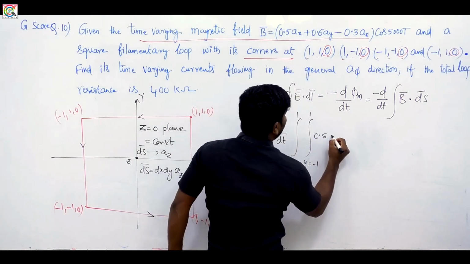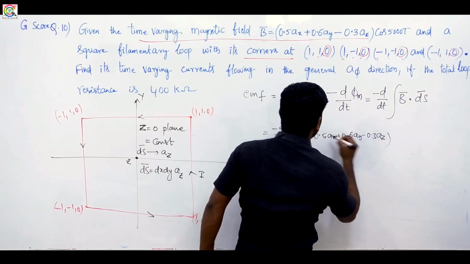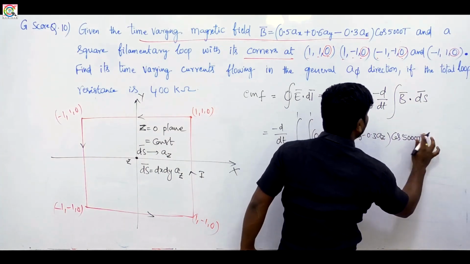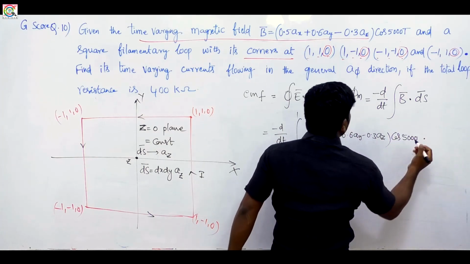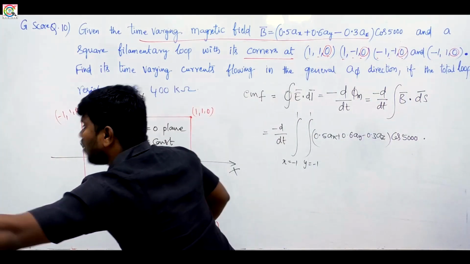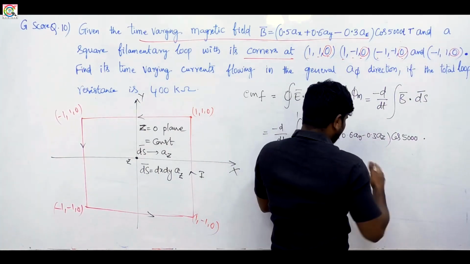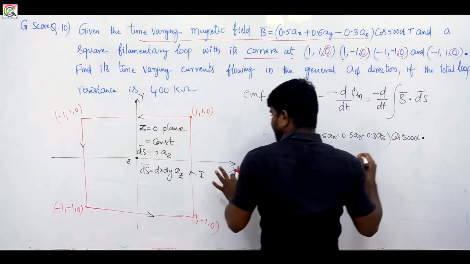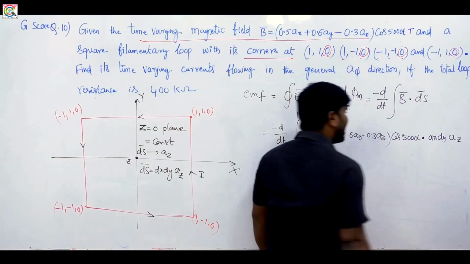It is 0.5 ax plus 0.6 ay minus 0.3 az, into cos 5000t. Here in the question it is cos 5000t Tesla. dot ds bar. ds bar is dx dy az.